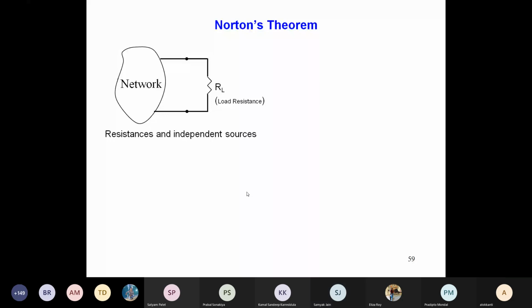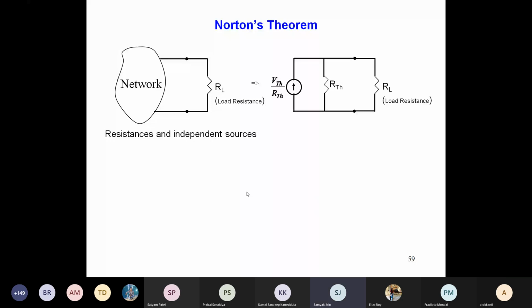It states that a network can be replaced by a current source in parallel with a resistance. That current source value is basically VTH by RTH.